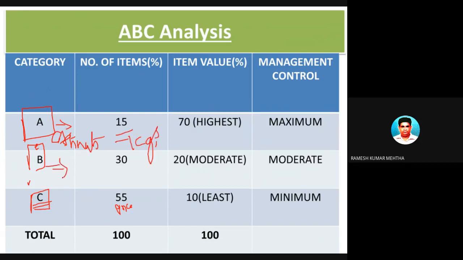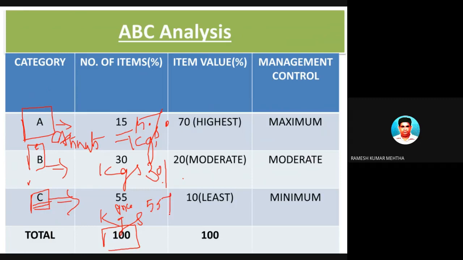As far as rice is concerned, I am going to purchase 30 kilos. And as far as onions are concerned, I am going to purchase and store 55 kilos. So out of 100 kilos of the total inventory, 15% belongs to cashew nuts, 30% belongs to rice, and the last one is onions, which is 55%. So 15 plus 30 plus 55 is 100%.